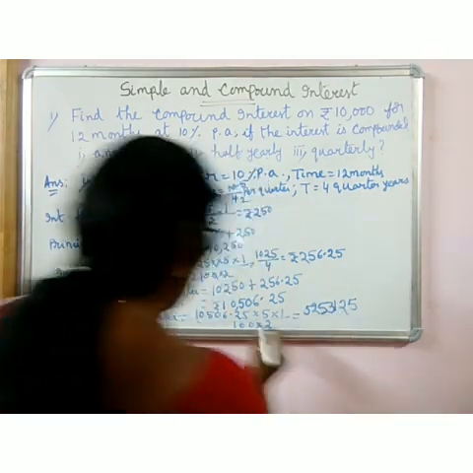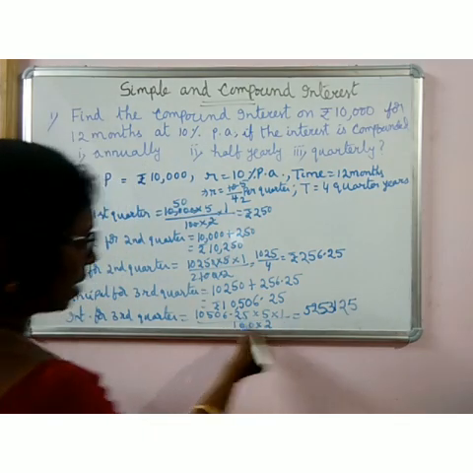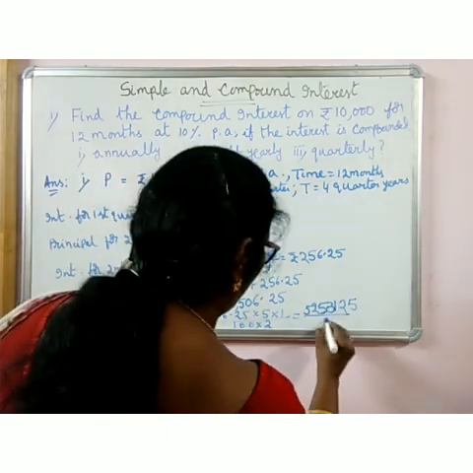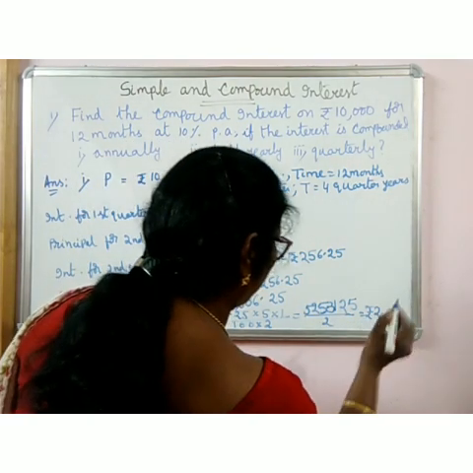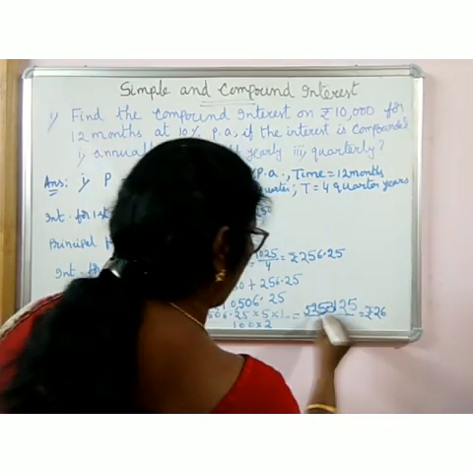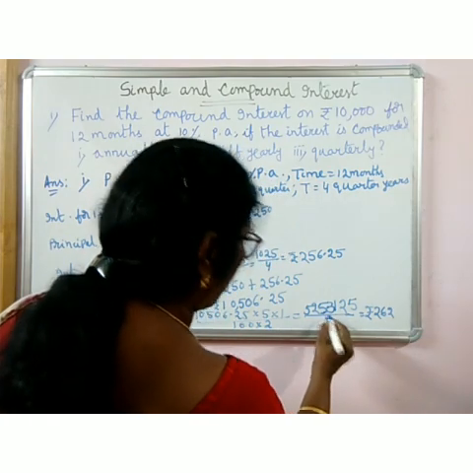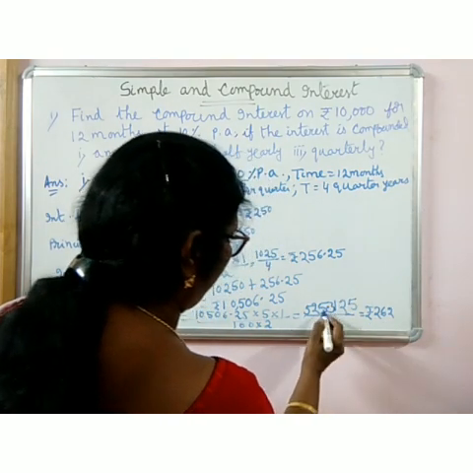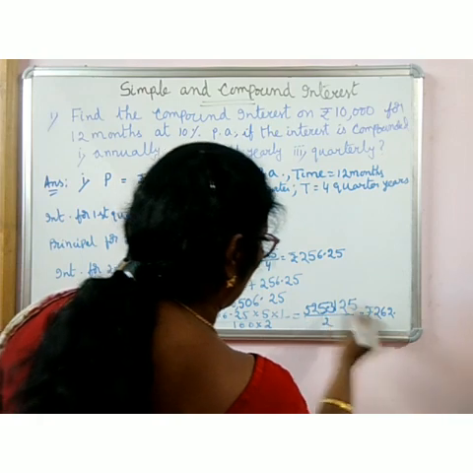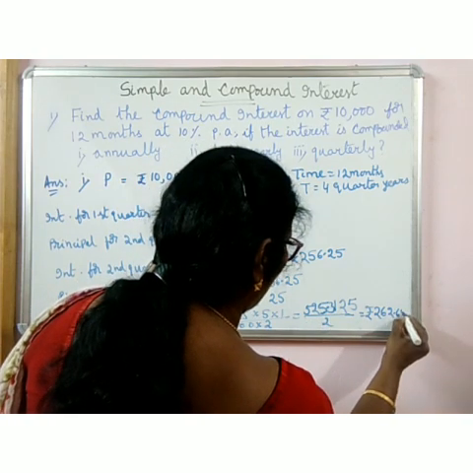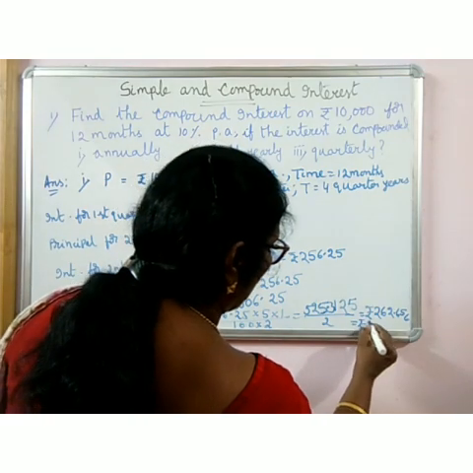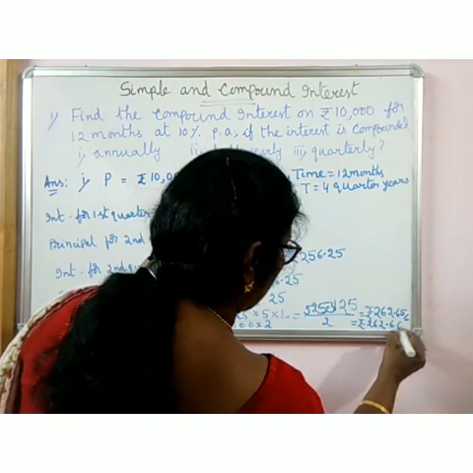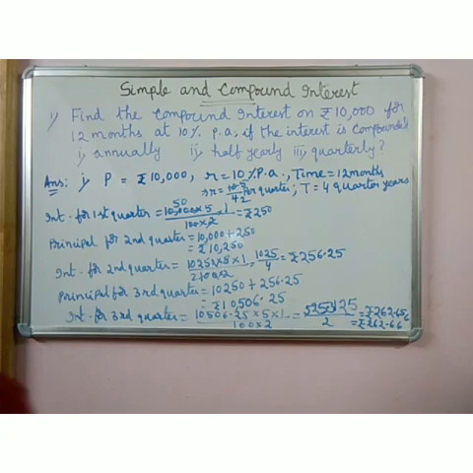After 2 places by 100, after 4 places decimal by 2. 2 2s are 4, 2 6s are 12, 2 5s are... That means 262.66 I can write.